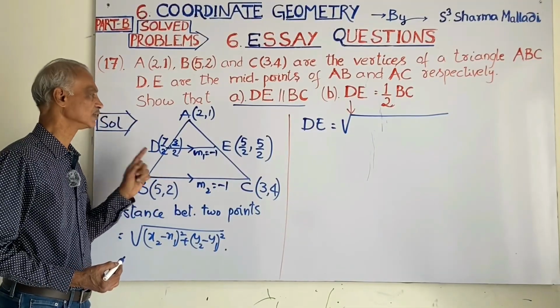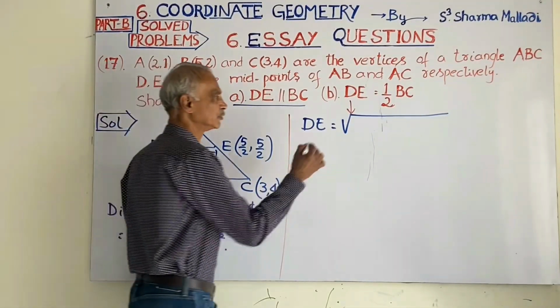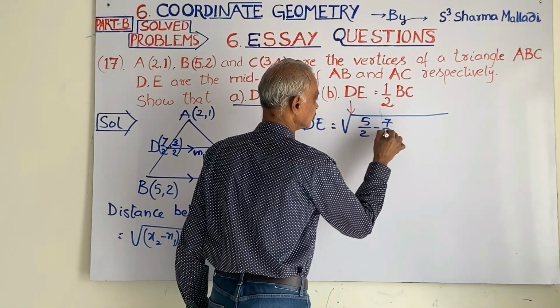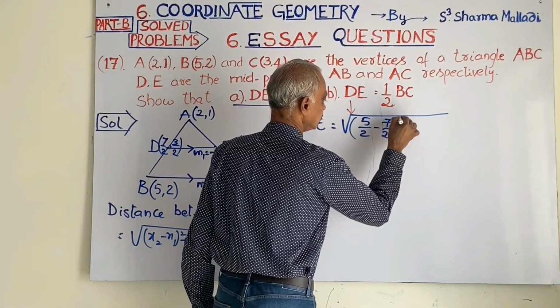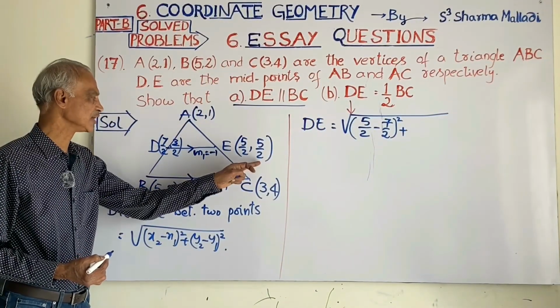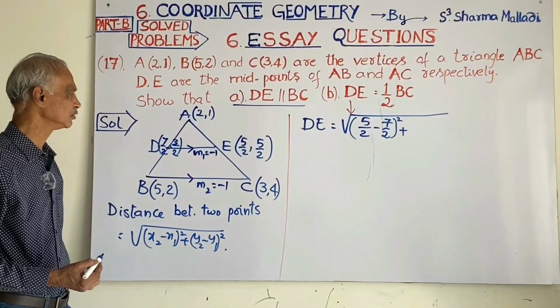x2 minus x1 whole square means 5 by 2 minus 7 by 2 whole square plus y2 minus y1 whole square, 5 by 2 minus 3 by 2 whole square.